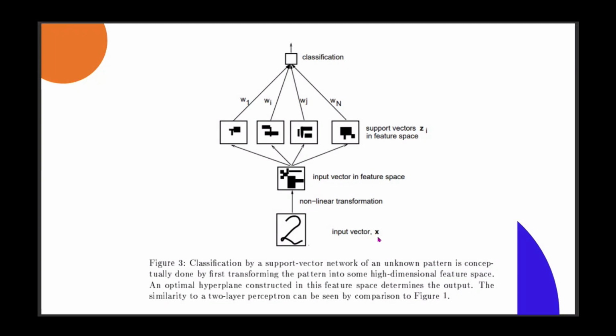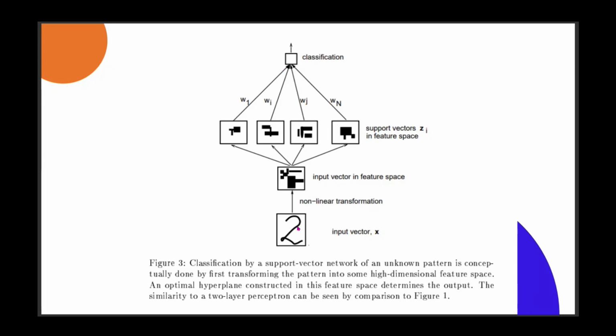We have this input vector x, and we are applying a non-linear transformation to get another input vector which is in a feature space. This is the transformed feature space of the input vector. And now we will apply our classification model on this feature space, and then we will classify the object.